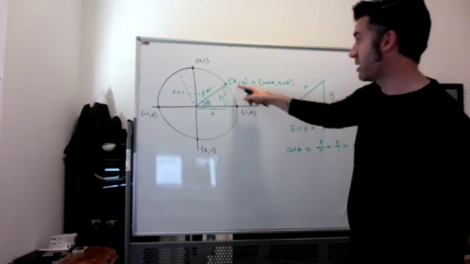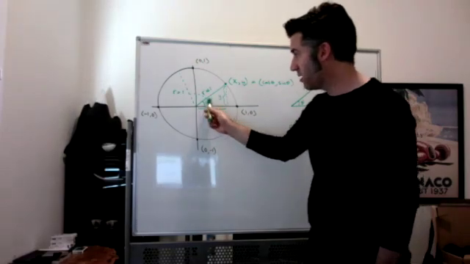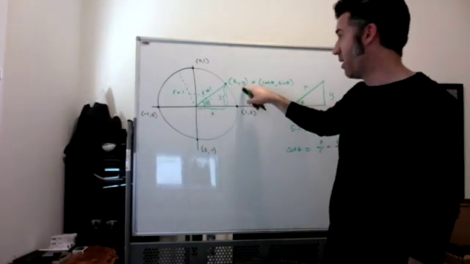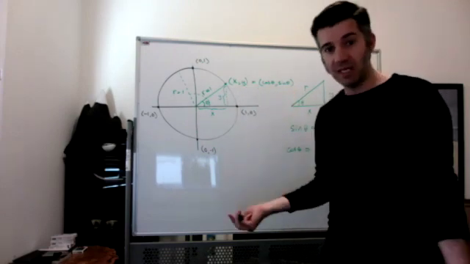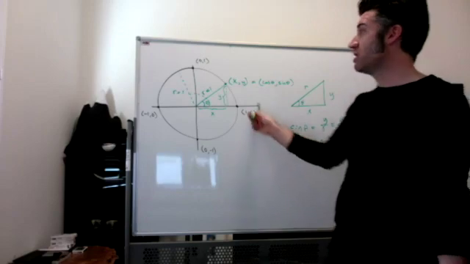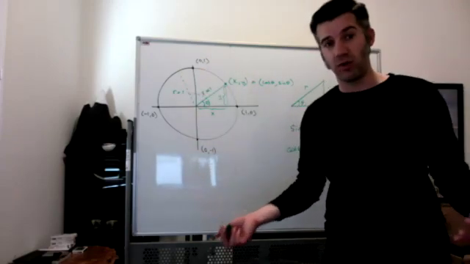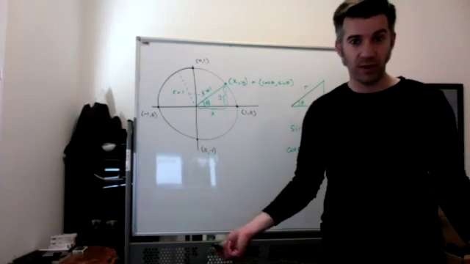The coordinates (x, y) on the circle, if you've got an angle of theta, the x coordinate is cosine of theta, and the y coordinate is equal to sine of theta, which means that you can use the idea of the unit circle to find cosine and sine of angles that are larger than 90 degrees, even though they couldn't go in a right triangle.